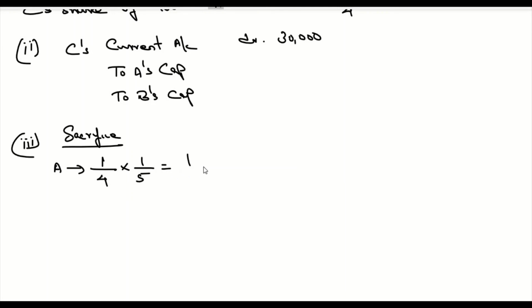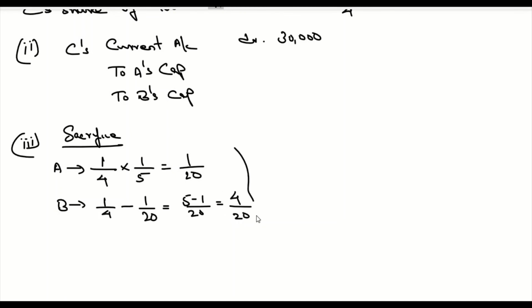That is equal to 1/20. For B, it is 1/4 minus how much A paid, 1/20. So that's going to be 5/20 minus 1/20, which is equal to 4/20.